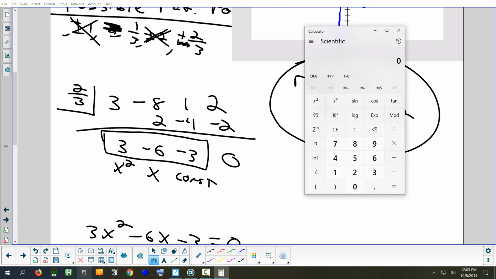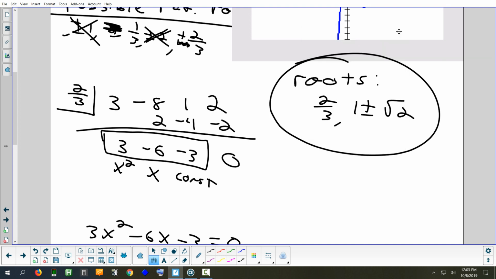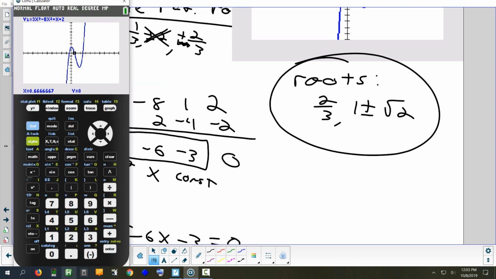Let's see, the square root of 2 is about 1.4, plus 1 is about 2.4. So if you look at that graph and you calculate the 0, hopefully it's pretty close to 2.4. Let's see.